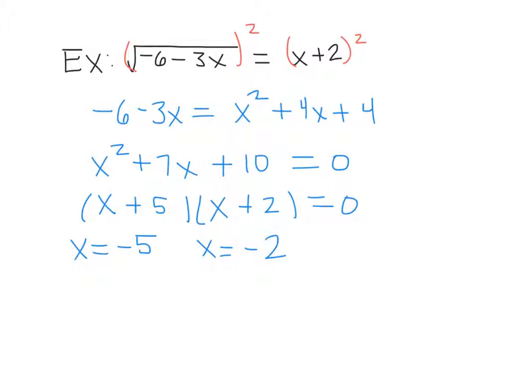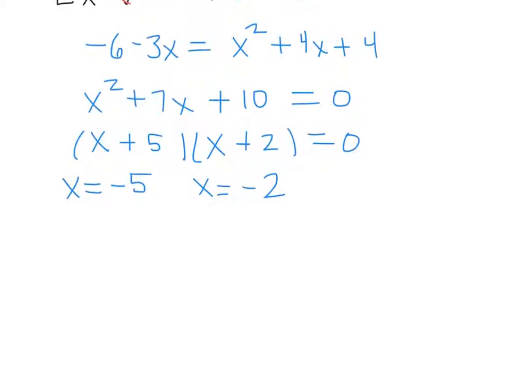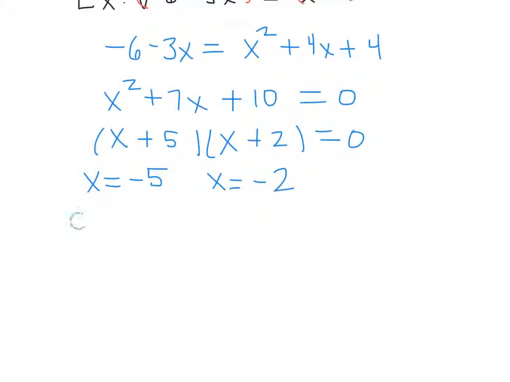We need to check them in the original, to see if we get valid solutions. So we'll start with the negative 5. So if we plug that in, we get negative 6 minus 3 times negative 5, so that's going to end up being plus 15.